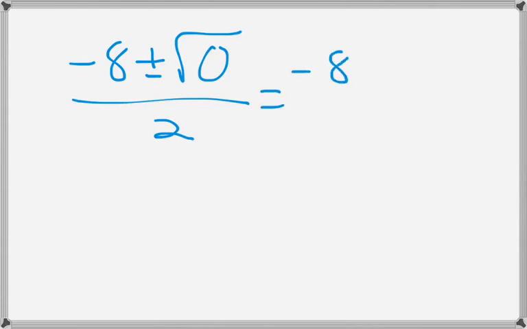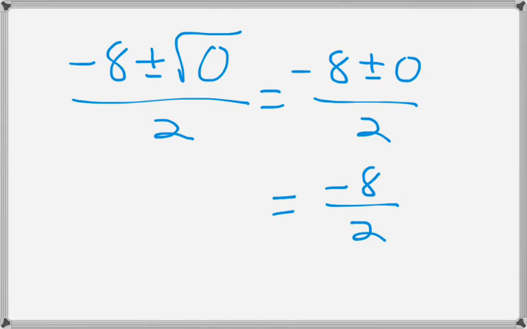Well, the square root of 0 is 0, and adding 0 and subtracting 0 gives us the same result. Either way, that numerator is negative 8. So if the discriminant is 0, we just get 1 solution.